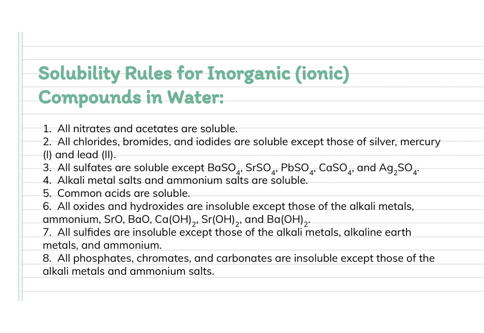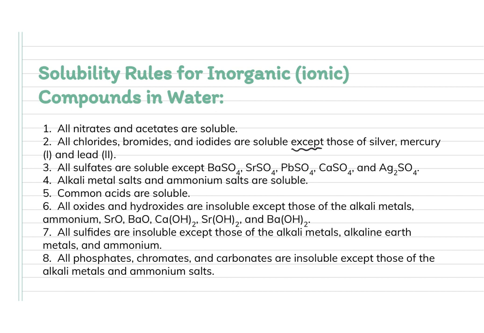That means any time you have sodium nitrate, calcium nitrate, potassium nitrate, whatever nitrate or acetate you want, it will always be soluble in water, always aqueous. And then the rules go from there. We have some exceptions. Like number 2, all chlorides, bromides, and iodides are soluble except those of silver, mercury 1, and lead 2.